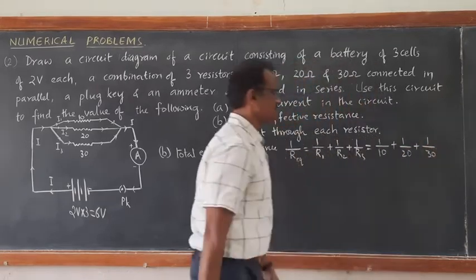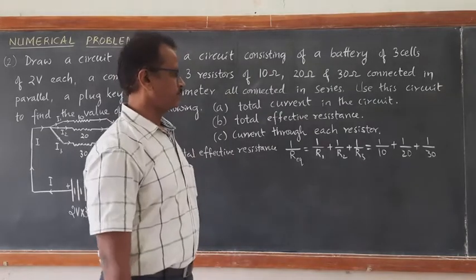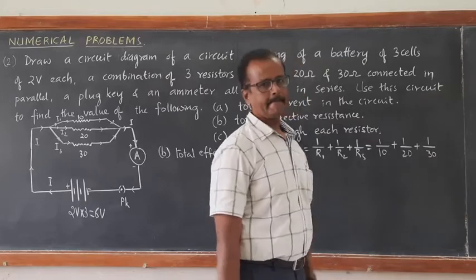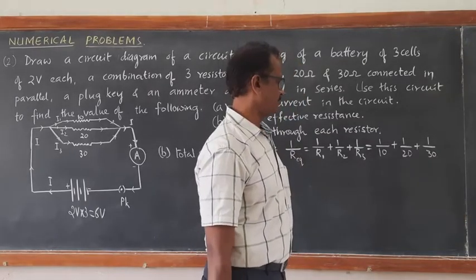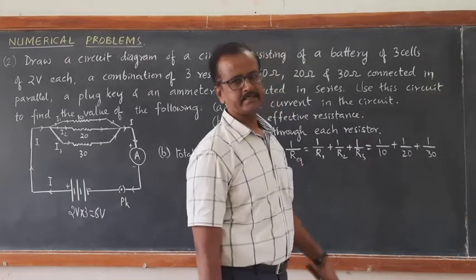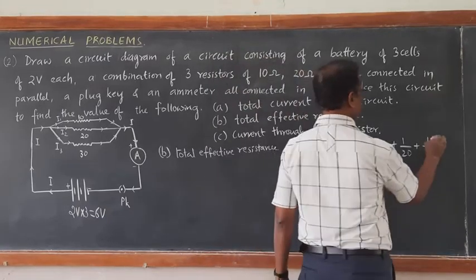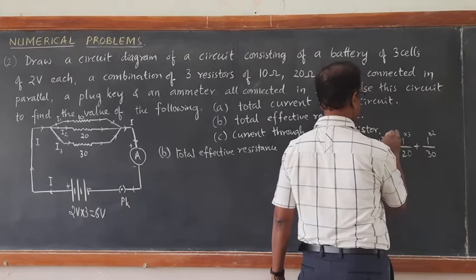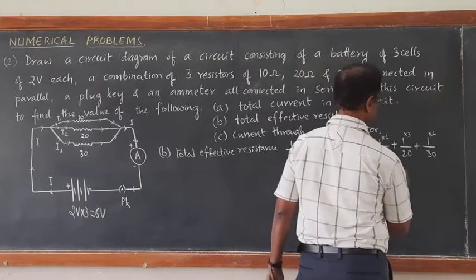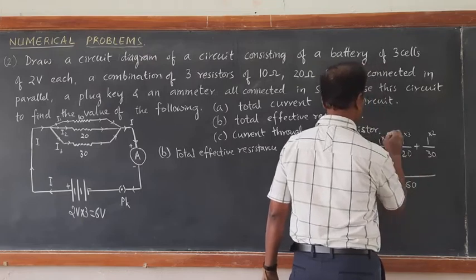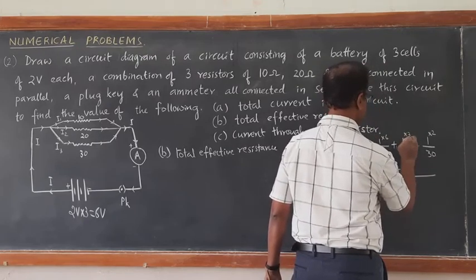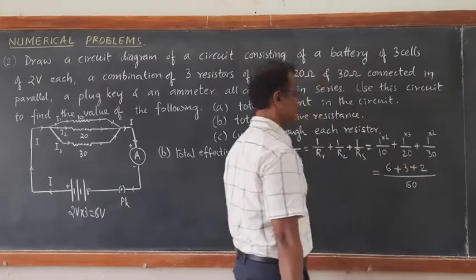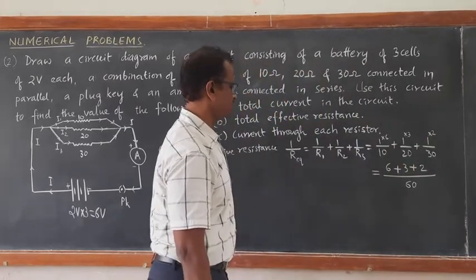So what is the LCM? 60 will be the LCM. 10 6s are 60, 20 3s are 60, 30 2s are 60. So 6 plus 3 plus 2, that is 9 plus 2, becomes 11.